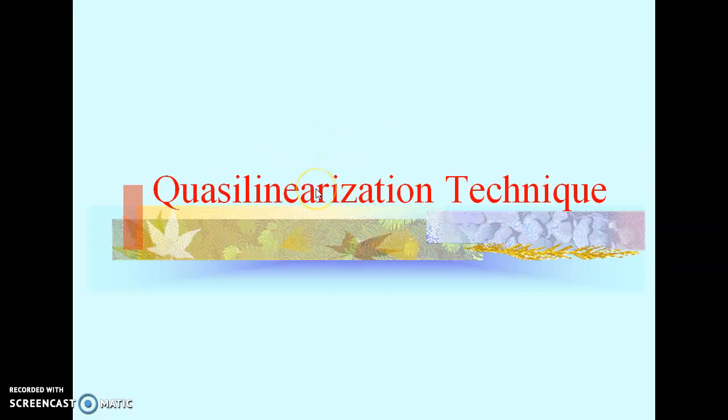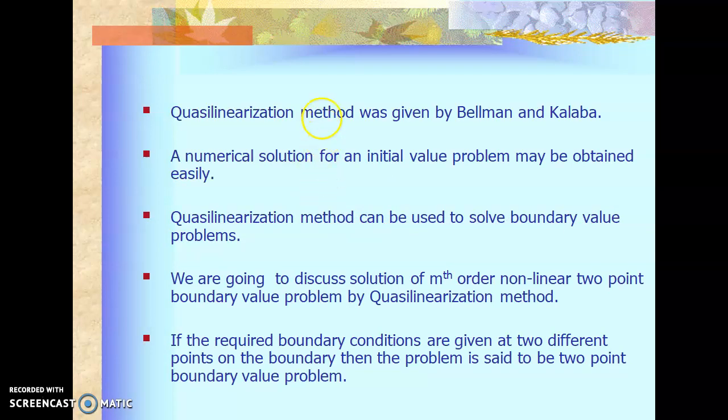Now we will see what the quasi-linearization technique is. First we will see the method and then one example. This quasi-linearization method was given by Bellman and Kalaba, and it is a numerical method and also an iterative method.